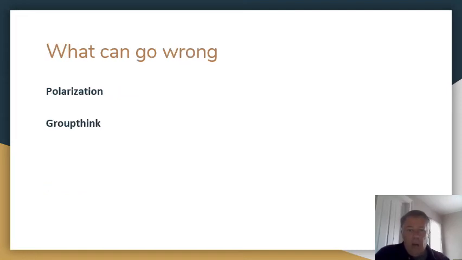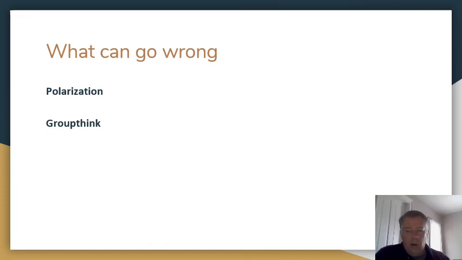They're all out there. What can go wrong when groups are solving problems and making decisions? One is polarization, of course. Group members can just get farther and farther apart on their positions. That can be very difficult to overcome. And then the opposite of that is groupthink, where the group tends to agree on everything a little too easily without any kind of dissent or questioning.